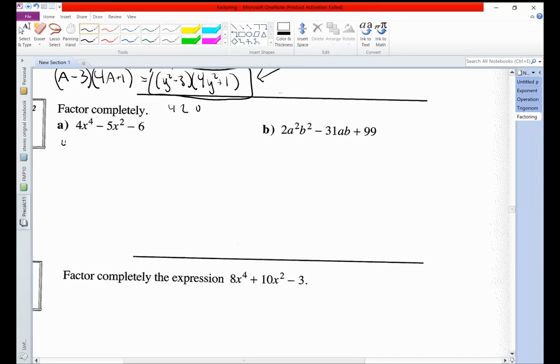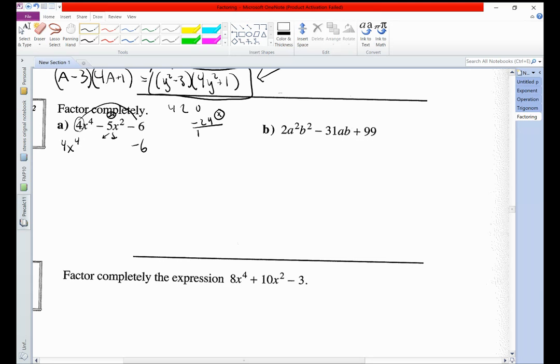So I have 4x to the power of 4 and -6, but I want to split my -5x squared into 2 terms. I can figure that out by going 4 multiplied by -6 is -24. So I'm looking for 2 numbers that multiply to -24 and add to -5.